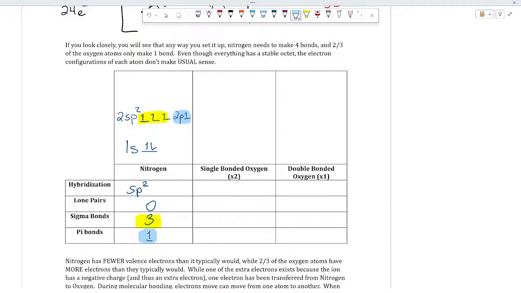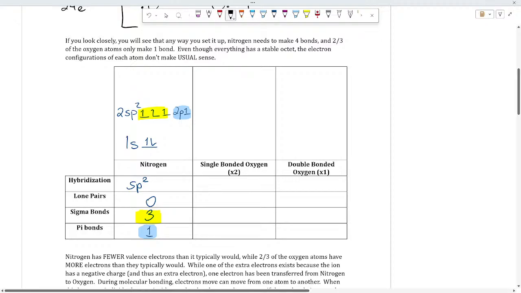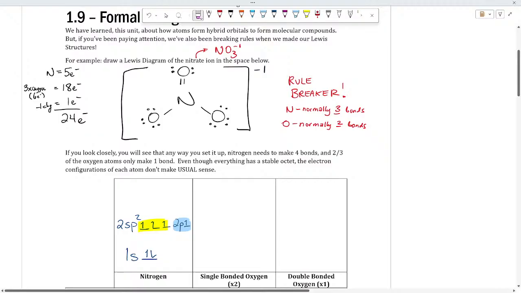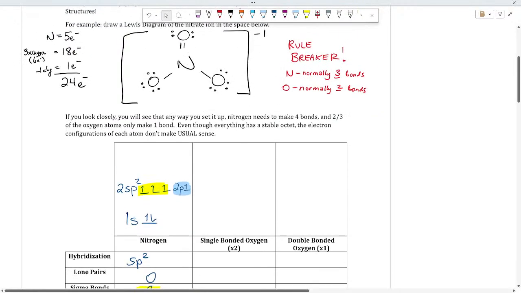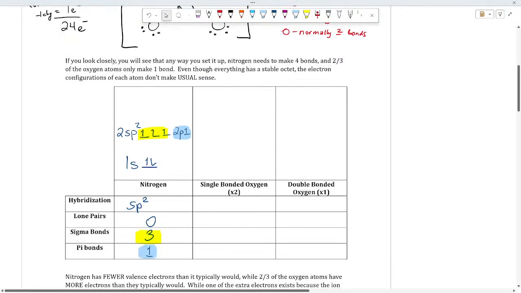Okay. Let's talk about the 2 single bonded oxygens. So these guys down here. How many lone pairs does this guy have? 3 lone pairs. How many sigma bonds is it making? How many pi bonds is it making? 0. What will its hybridization state be? sp3, because it's not making any pi bonds.